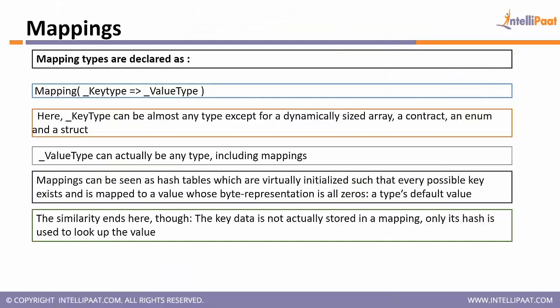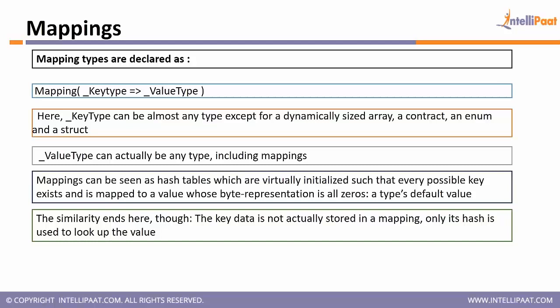Now this is one of the important concepts: hash maps. Mapping is like a hash map. In Java we have hash maps, which are not very similar; they have some differences, but what we mean by mapping is basically a key value pair.